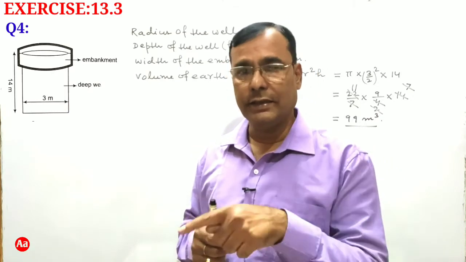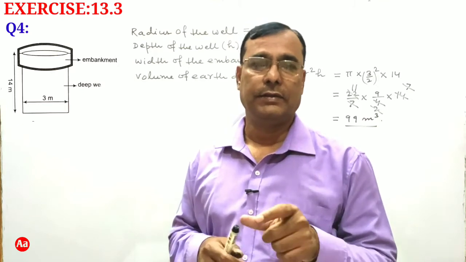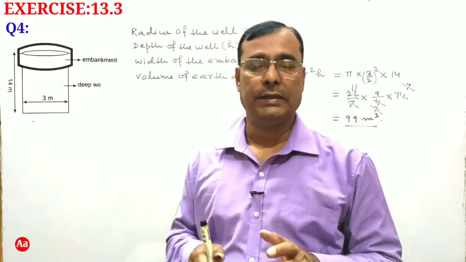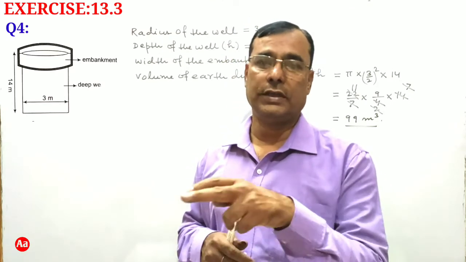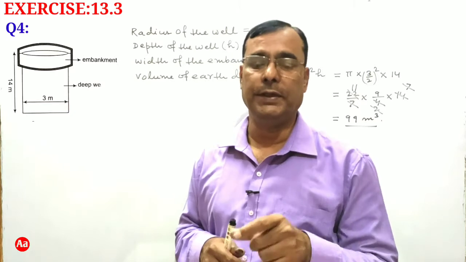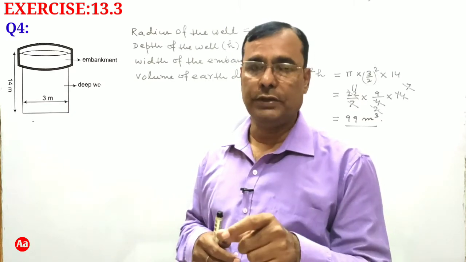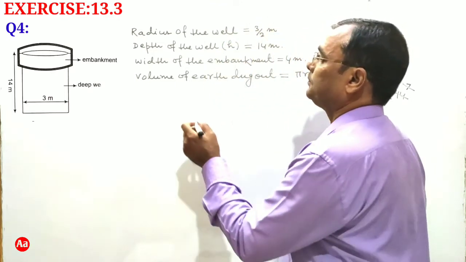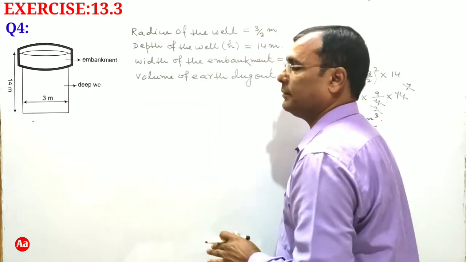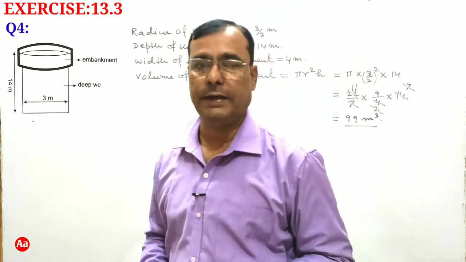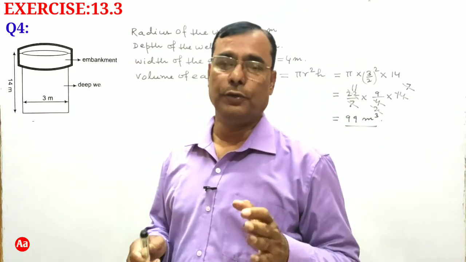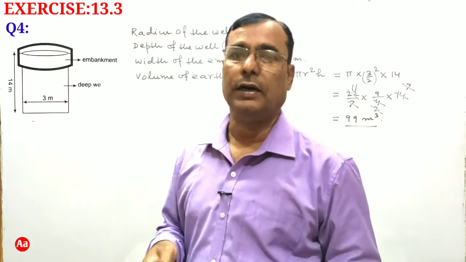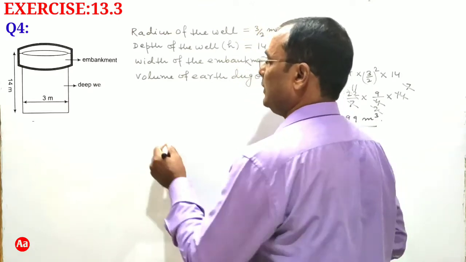Radius of inner cylinder of the embankment will be 3 by 2, which will be equal to radius of the well, and outer radius of the embankment will be 3 by 2, that is 1.5 plus 4 meter. So we are going to write outer radius and inner radius of the embankment, which is 1.5 meter inner radius, 4 plus 1.5, 5.5 meter outer radius.